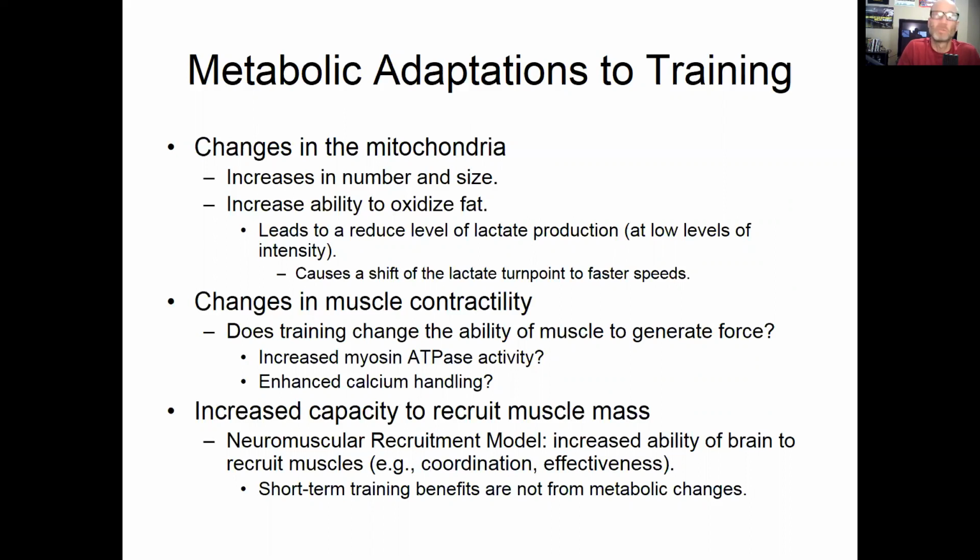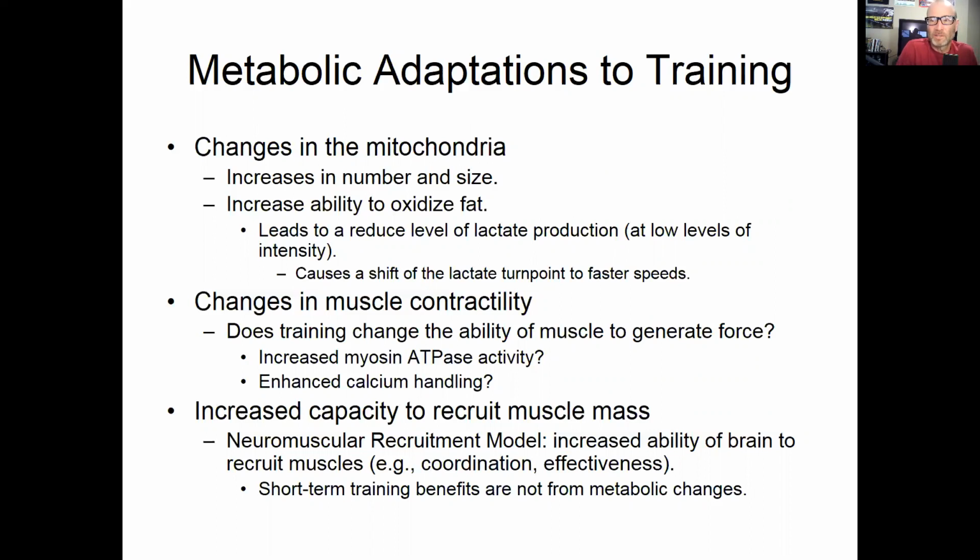So there may be a neural component here. Increased capacity to recruit muscle mass, and where I'm going, neuromuscular recruitment model, increased ability of the brain to coordinate muscle fibers to generate the right amount of force at the right moment in time in the right direction.